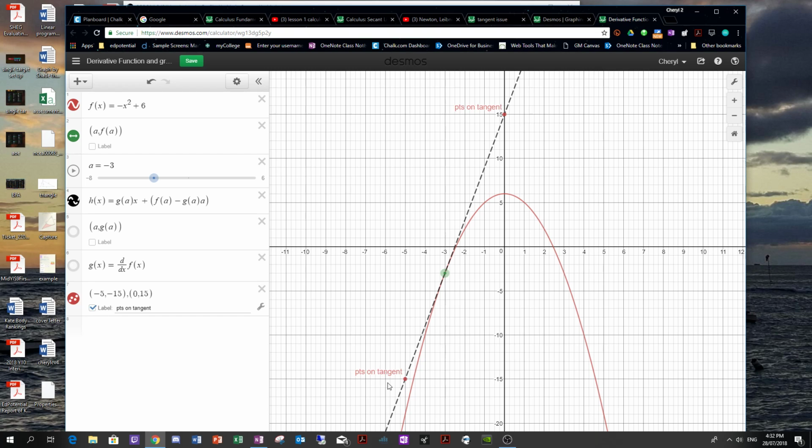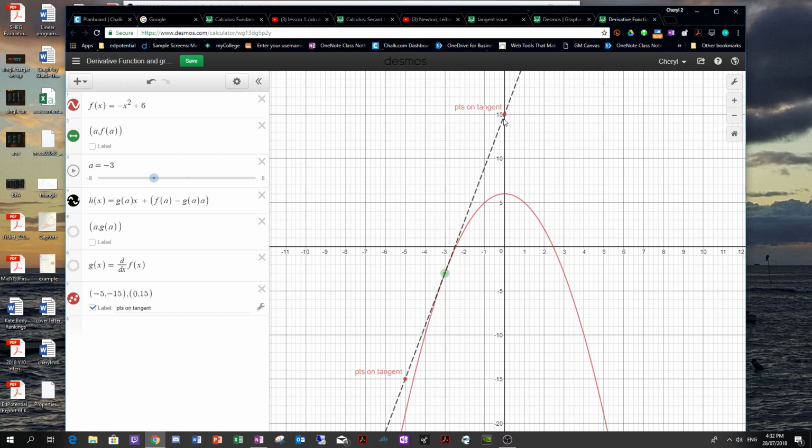If I just need a couple of points, I can do rise over run, and find the gradient of this tangent on the curve at x is negative 3. That will tell me the instantaneous rate of change along that curve at x is negative 3. So I go 5, 10, 15, 20, 25, 30 over 1, 2, 3, 4, 5, 6. So I've got a gradient of 6.